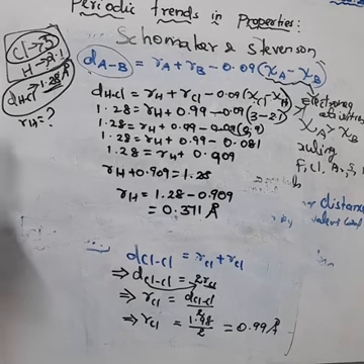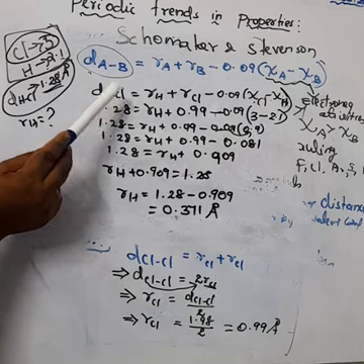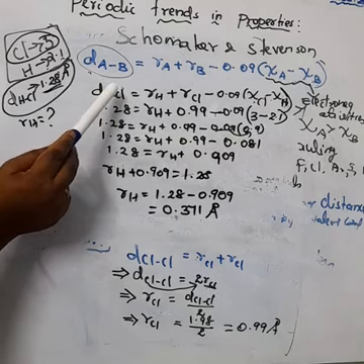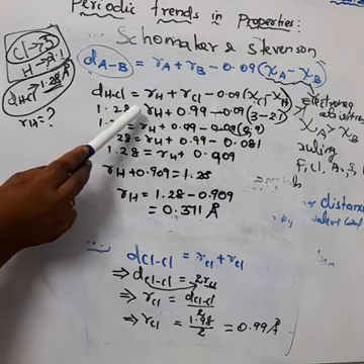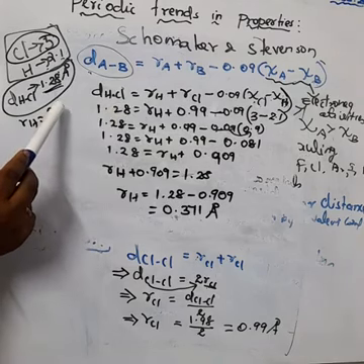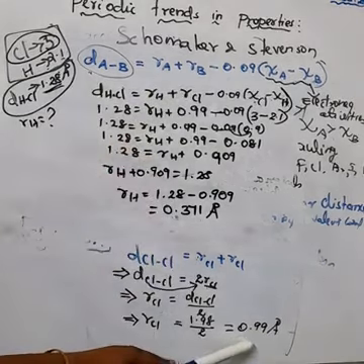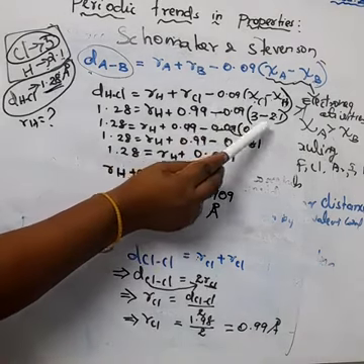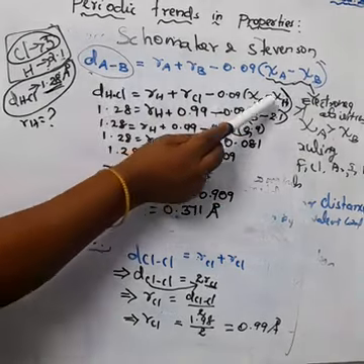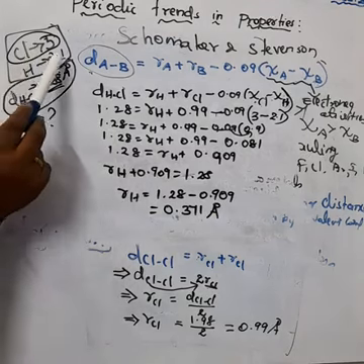Here we take hydrogen as A and chlorine as B. Experimentally the internuclear distance of hydrogen and chlorine is 1.28, and the radius of chlorine we already calculated, 0.99. The chi values are the electronegativities, chlorine 3 minus hydrogen 2.1.